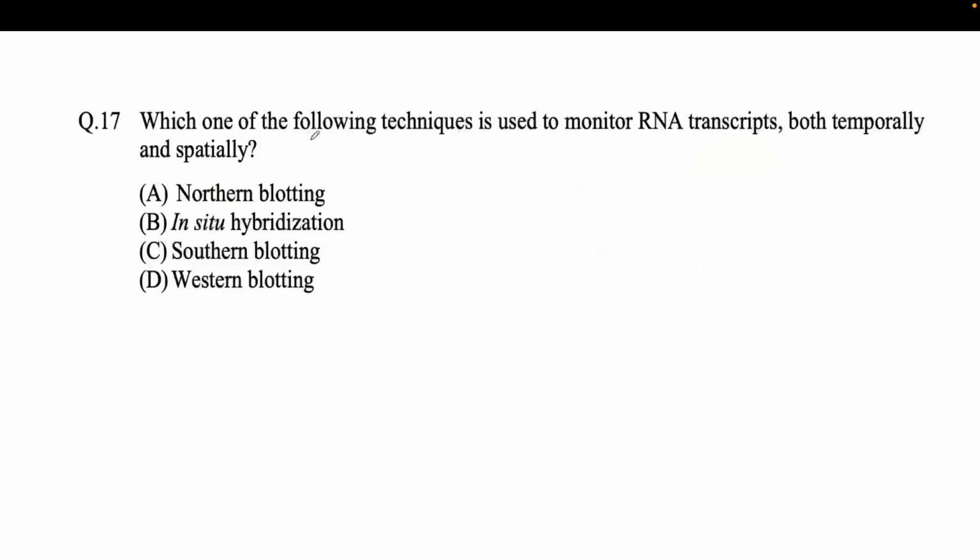Question: which one of the following techniques is used to monitor RNA transcript both temporally and spatially? What will be the correct answer? Northern blotting will not be the correct answer, because as I mentioned earlier, this blotting technique is not for real-time identification or real-time location.